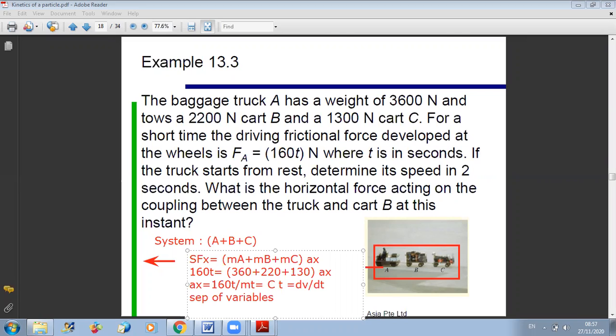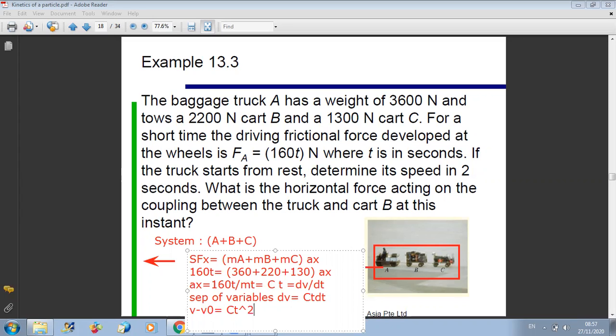Then I will get dV equals a constant times t times dt. So if I integrate, I have V minus V0 equals C t square over 2.